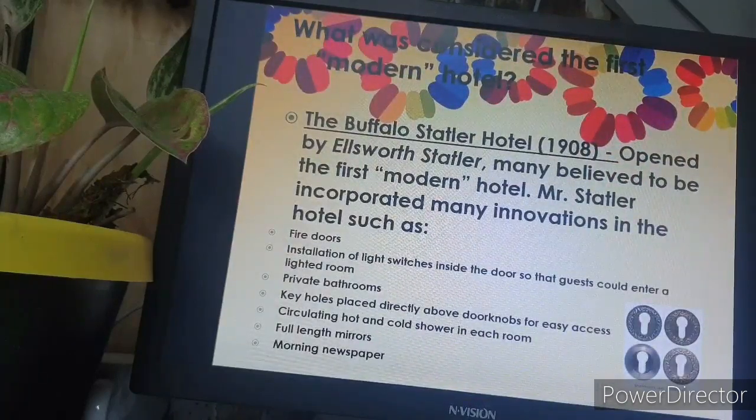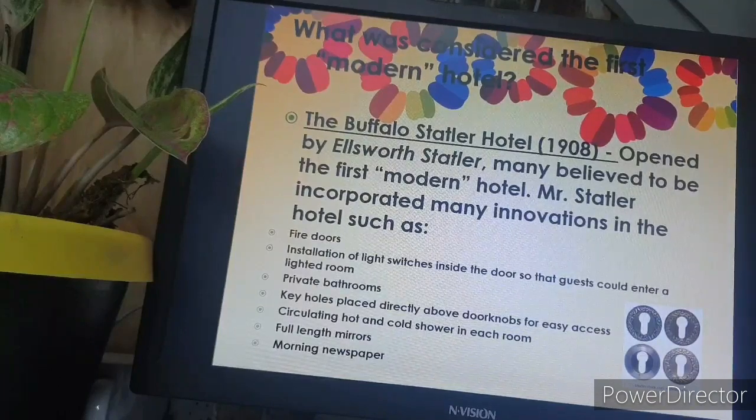We have also the Buffalo Statler Hotel in 1908 by Ellsworth Statler. He was the pioneer of that hotel, wherein from Tremont Hotel, they were the first one, right? They were the ones who established the first, but Buffalo Statler by Ellsworth Statler, they were the ones also who established the first modern hotel.